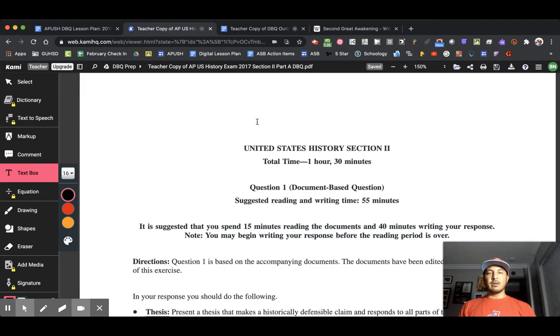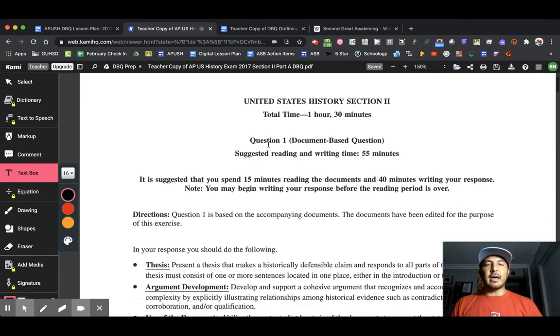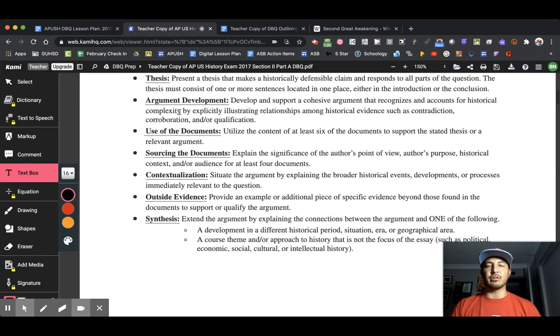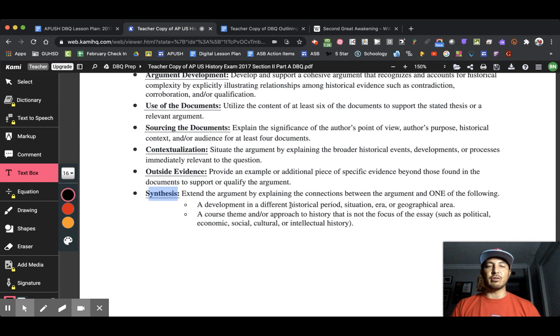Okay. So the first thing is that this is a 2017 DBQ. Even since 2017, we've actually had a couple of changes on the DBQ. So unfortunately, this DBQ has some information that's irrelevant. For instance, the use of the word synthesis here, and the idea of periodization, which is shown here.